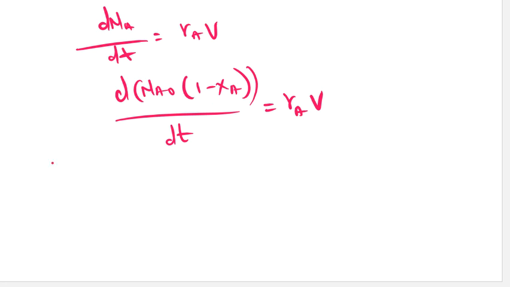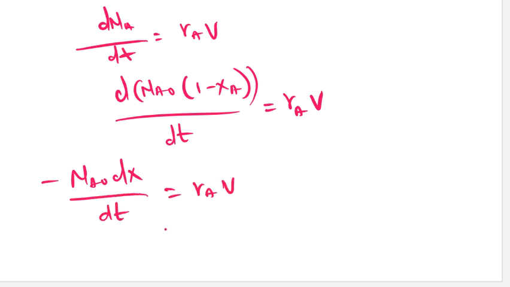If you differentiate this, it's going to give us minus Na naught dXA. So Na naught dX dt equals minus RAV, rearranged.